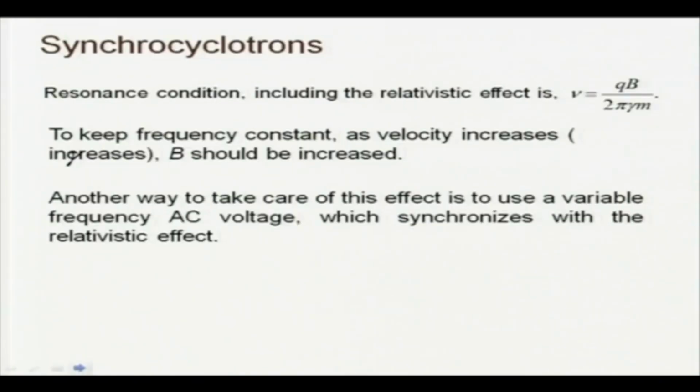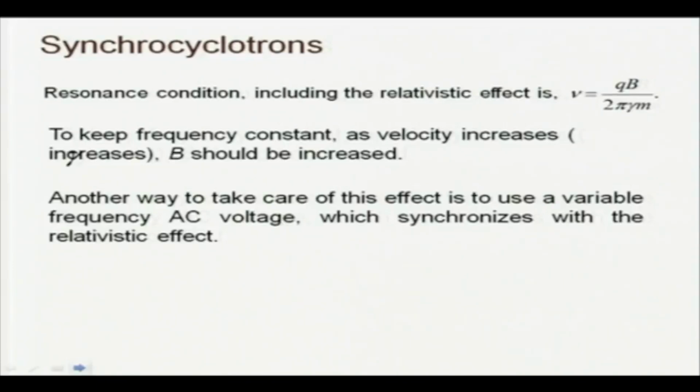This is one way of doing it, and another way of taking care of the relativistic effect is to vary the resonance frequency itself, or the frequency of the AC voltage which is applied, as gamma is changed and therefore nu is changed. When gamma increases, nu will decrease.